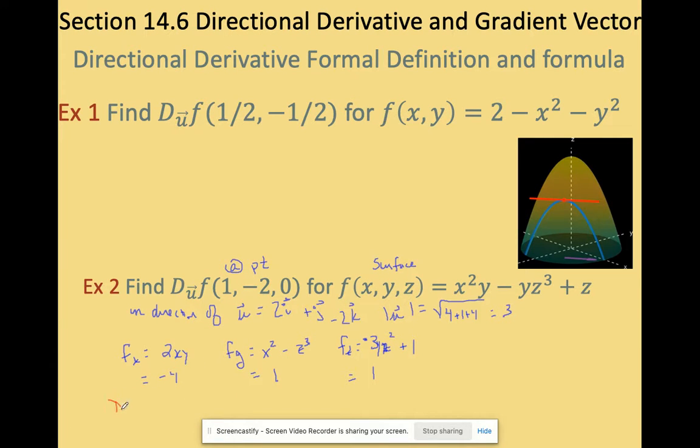So now my directional derivative of this function at the point 1, negative 2, 0 is negative 4 times what? Where's my a? Where's my unit vector? Ah, my unit vector.